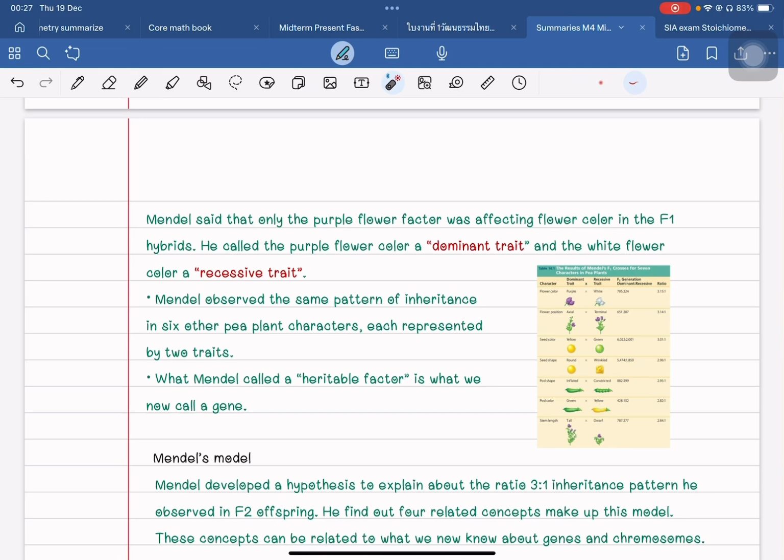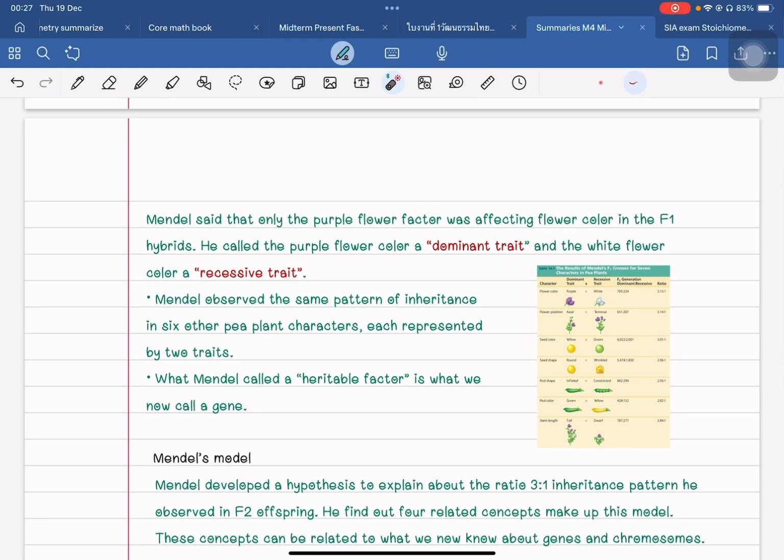Mendel said that only the purple flower factor was affecting flower color in the F1 hybrids. He called the purple flower color a dominant trait and the white flower color the recessive trait. Mendel observed the same pattern of inheritance in six other pea plant characters, each represented by two traits.